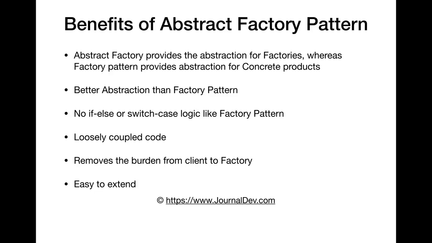Factory pattern deals directly with objects, whereas abstract factory pattern provides us a factory for concrete classes' factory. So in this way, abstract factory pattern provides better abstraction than factory pattern, and no if-else or switch-case conditional logic is required like we have in factory pattern.